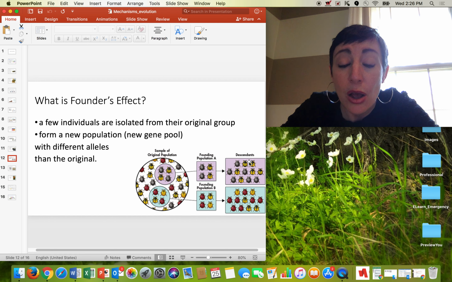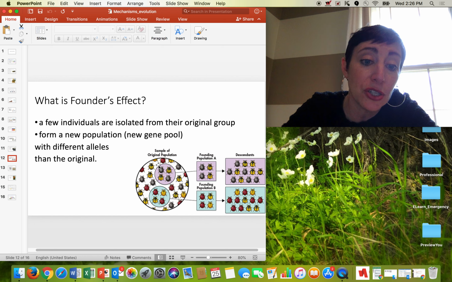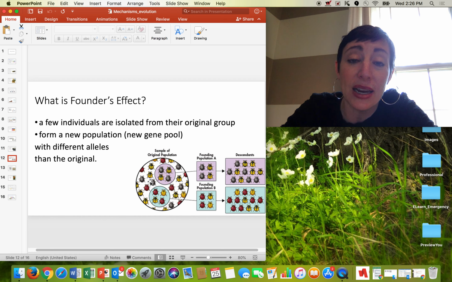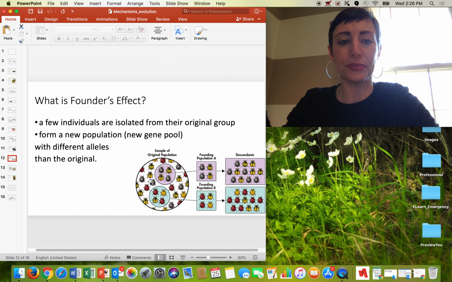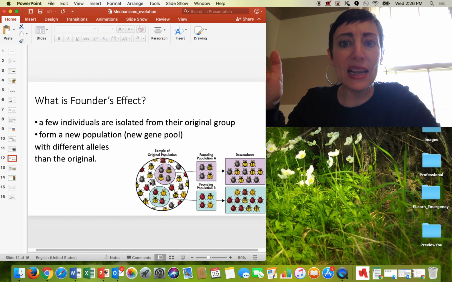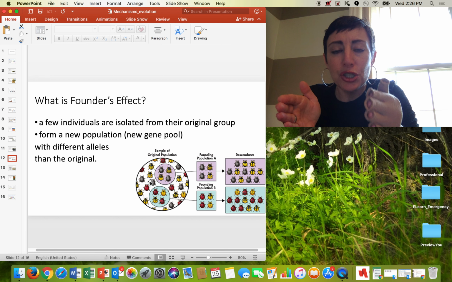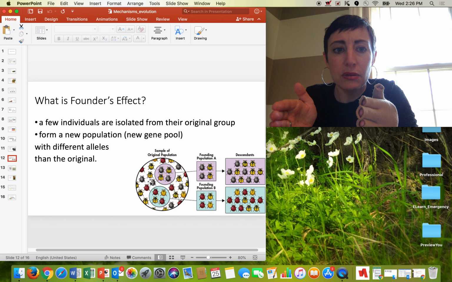Here's my new population, my founding population after it's reproduced, just yellow and black. If you compare that back to the original population, it's got a lot less genetic variation. So we're seeing evolution happen because of this dramatic event that separated the 2 populations. Okay.